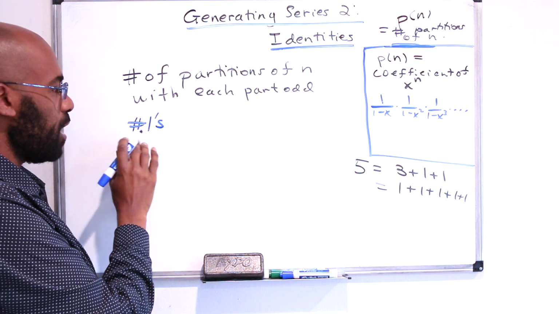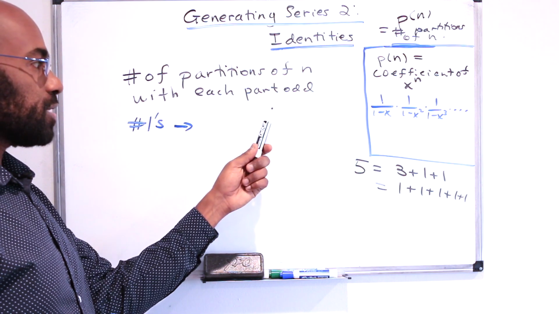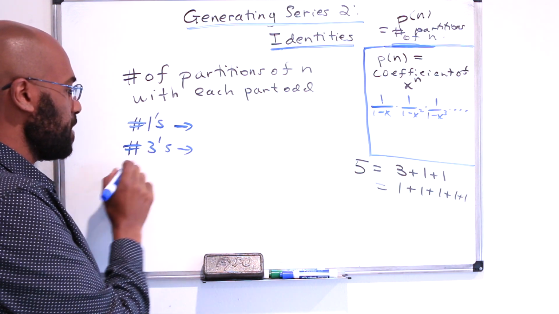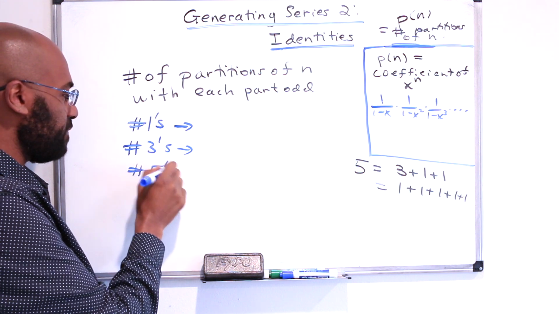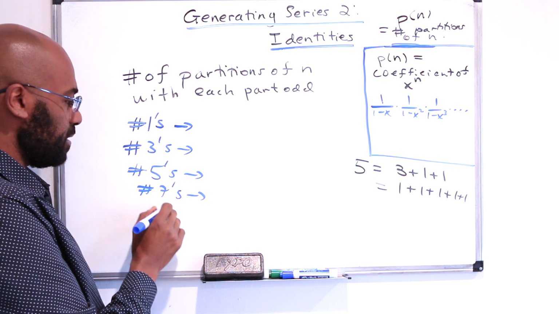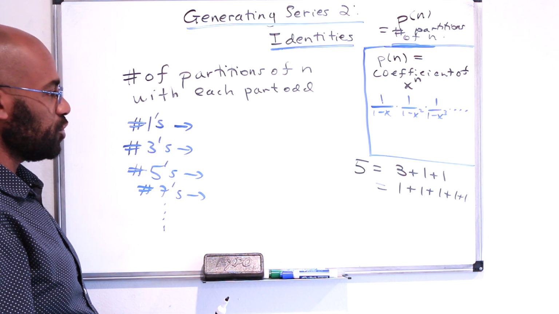We'll look at the number of ones in the series. Now, here each part is odd, so we don't have twos. So we'll have the number of threes, and then the number of fives, the number of sevens, and then look at series that dictate the contribution of each.